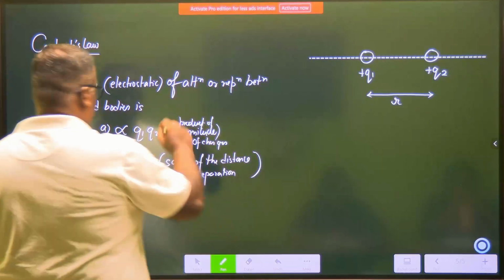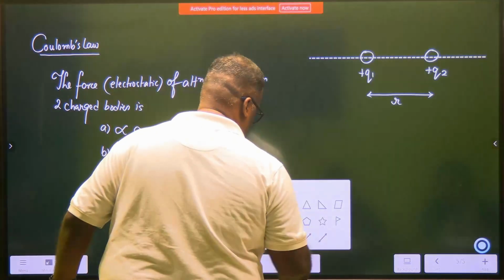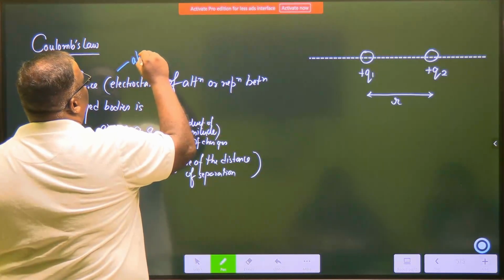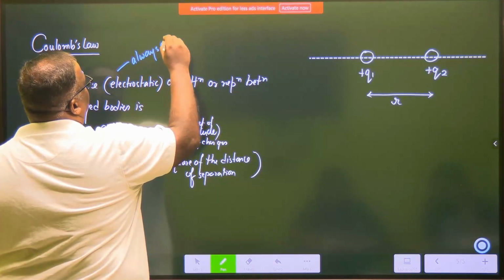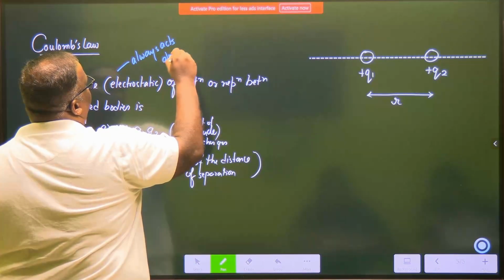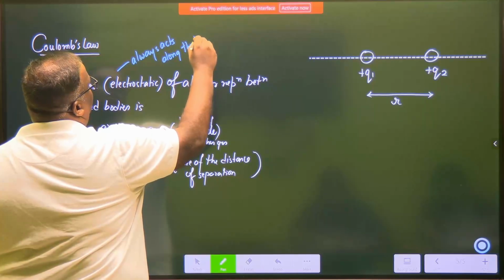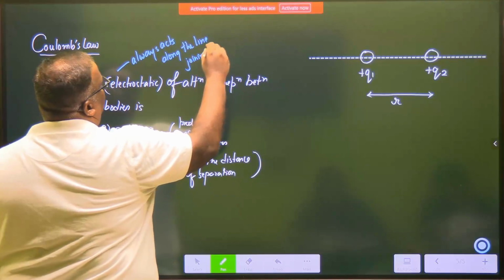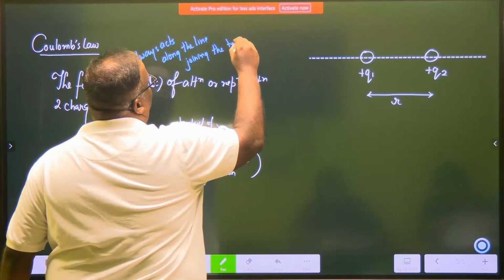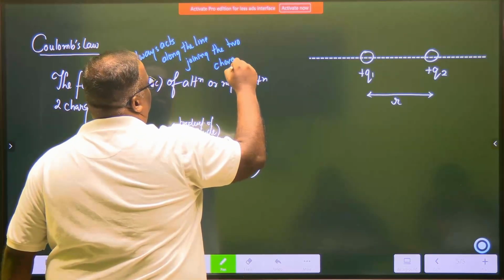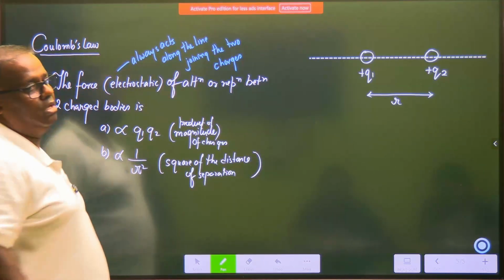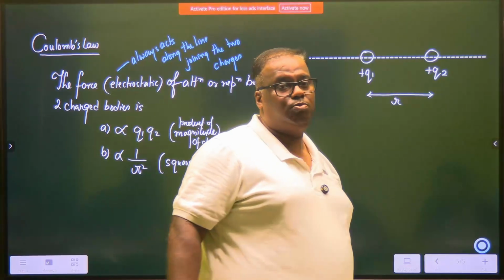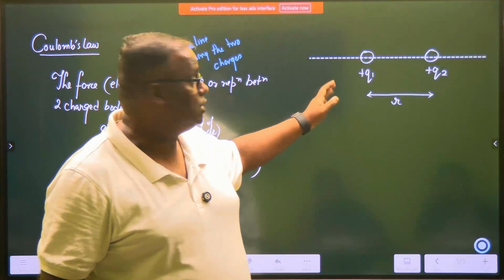This force, the electrostatic force, always acts along the line joining the two charges. This was actually proved also by Cavendish, who had done all those experiments.